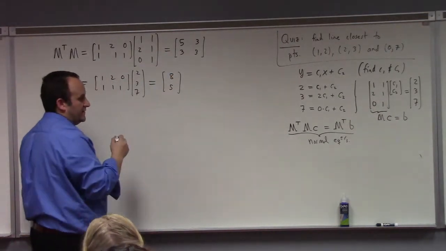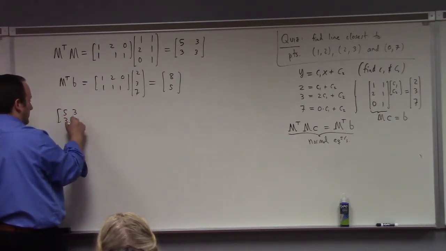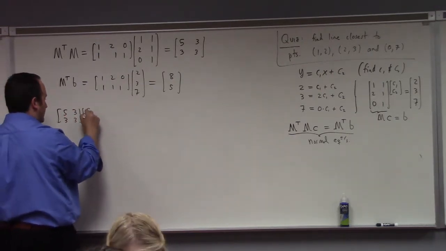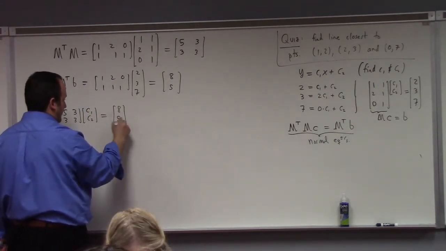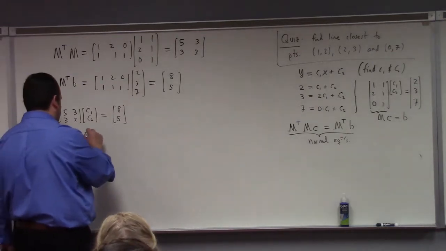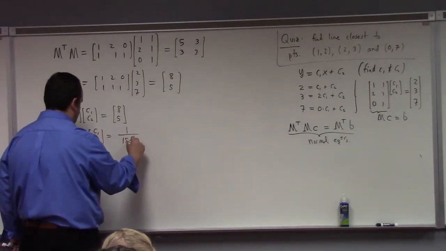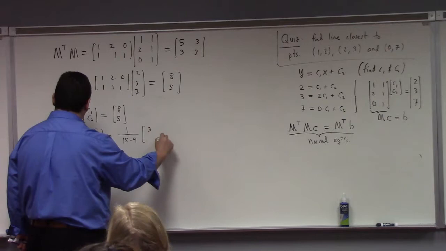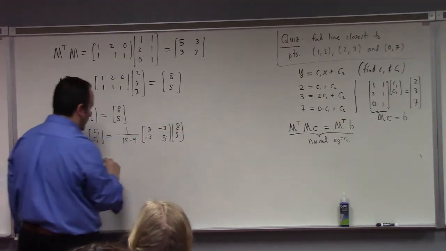The normal equations are actually this: (5, 3; 3, 3) times (c1, c2) equals (8, 5). How would you solve that? 2 equations, 2 unknowns. However you like. I personally prefer to solve it by multiplication by the inverse.